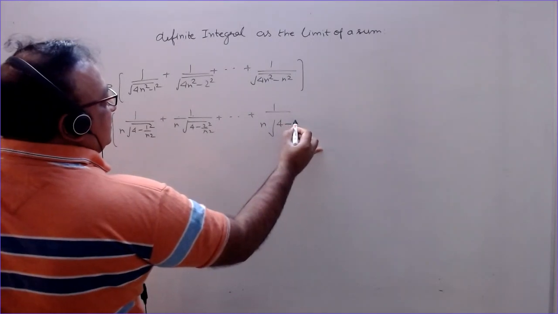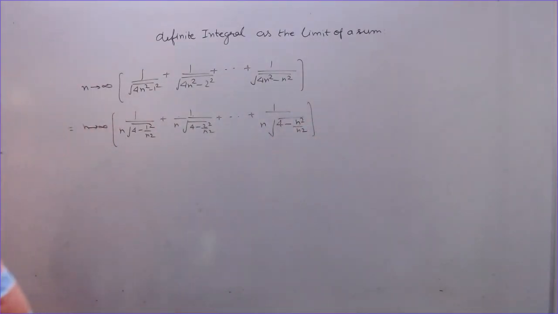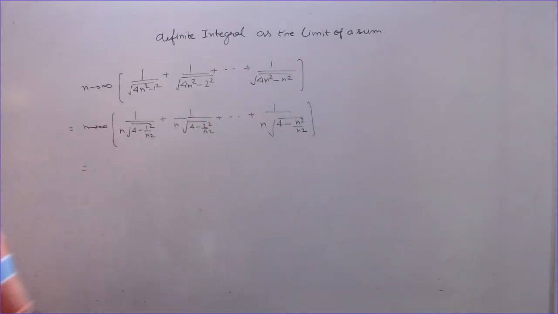This is n square by n square. Now here you have 1 by n square, 2 square by n square, 3 square, and up to n square by n square.